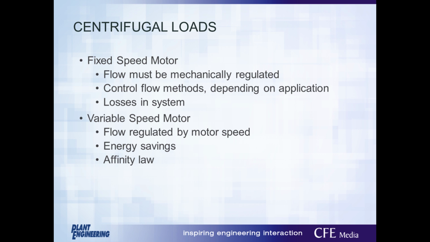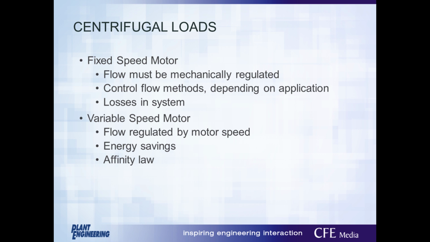Here, we present two types of motors used for these loads, a fixed speed motor and a variable speed motor. For a fixed speed motor, output air or liquid flow, on your fan or your pump, must be regulated mechanically by valves or dampers. There are quite a few innate losses in this type of system.